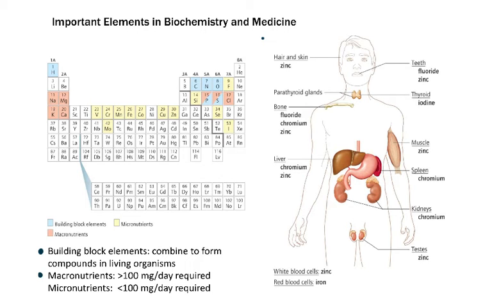Nowadays, if you're not getting enough in your diet, you can get them through supplements, multivitamins and nutrients. So we see a cluster here in the metals, alkali and alkaline earth metals: sodium, magnesium, potassium, and calcium, as well as phosphorus, sulfur again, and chlorine.